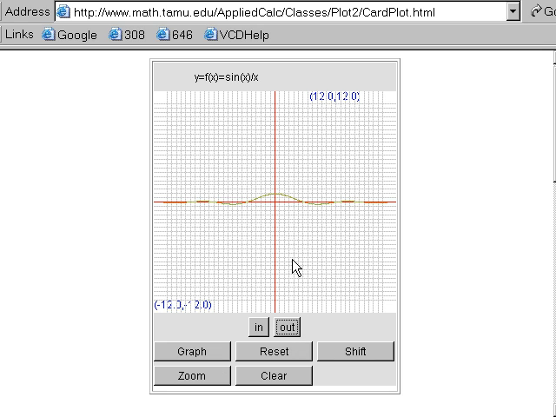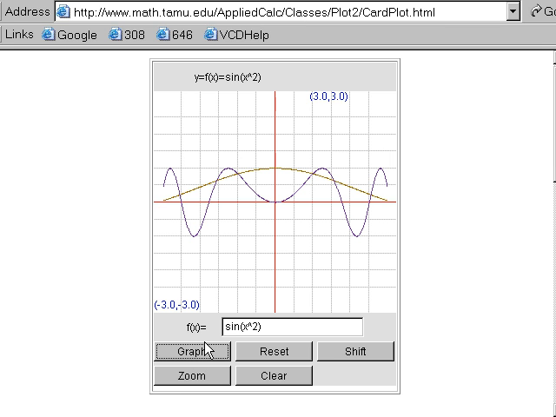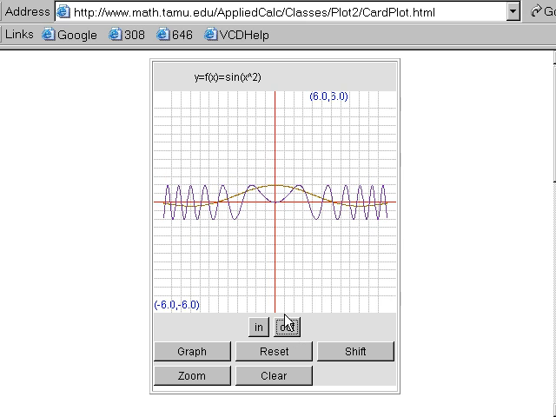Actually, let's pick another one and reset it. Let's do sine of x squared. That's always an interesting function. If you zoom in or zoom out on this function, you can see the behavior here.